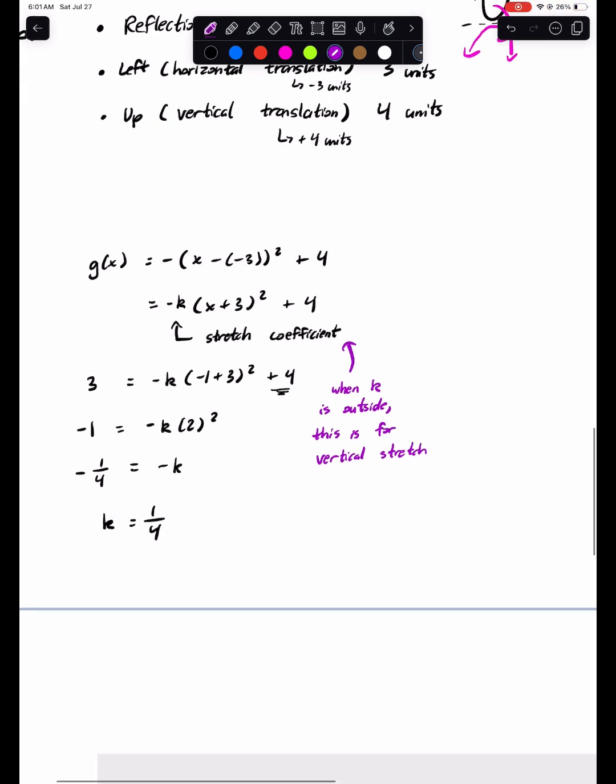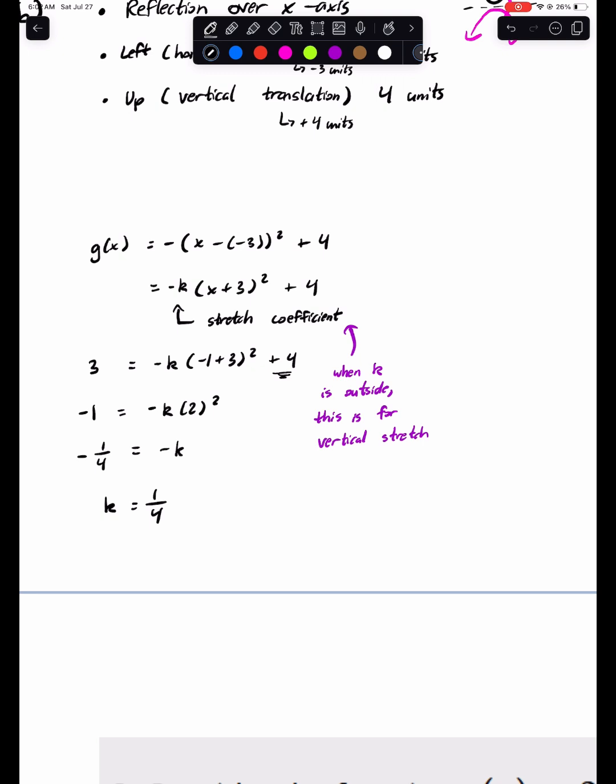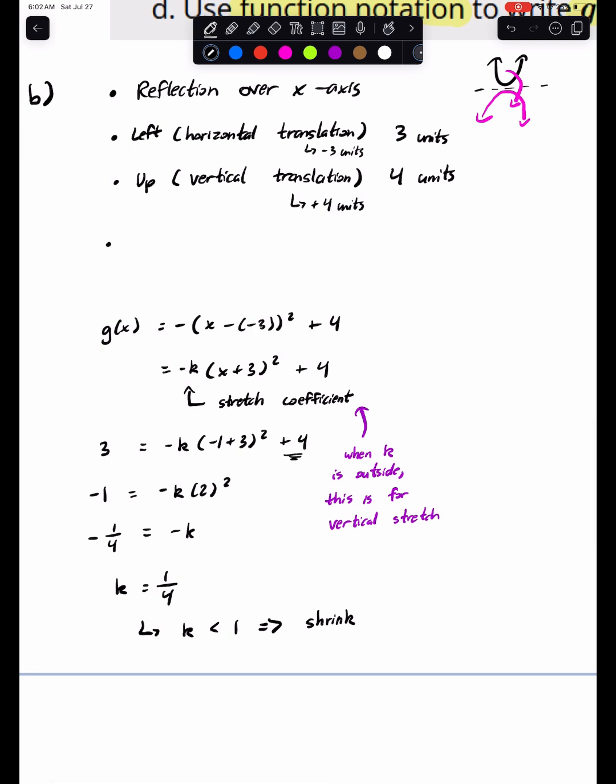Okay, so this k is less than 1, which implies that we have a shrink. So our last transformation is a vertical shrink, and I don't remember the proper terminology for that, by a factor of 1/4.